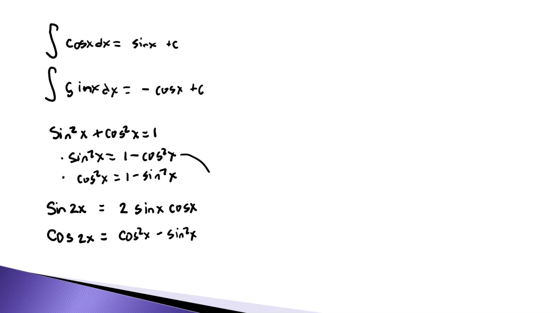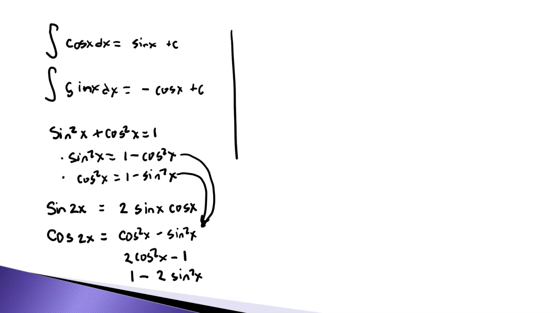But if we use these two Pythagorean identities, we can rewrite this. So another form for cosine 2x would be 2 cosine squared x minus 1. And another one would be 1 minus 2 sine squared x, just by substituting in for sine squared or cosine squared. Those are going to be really important for us.